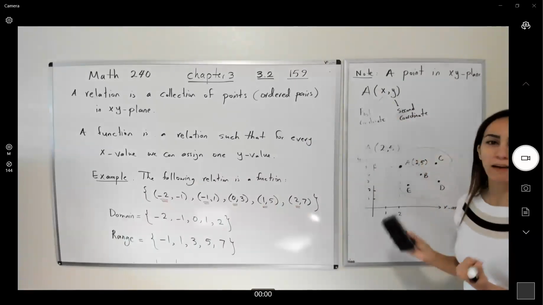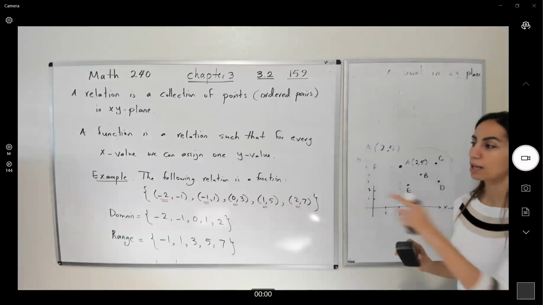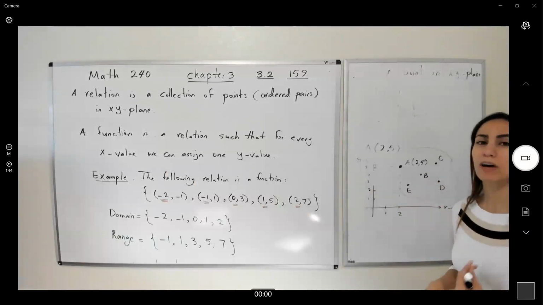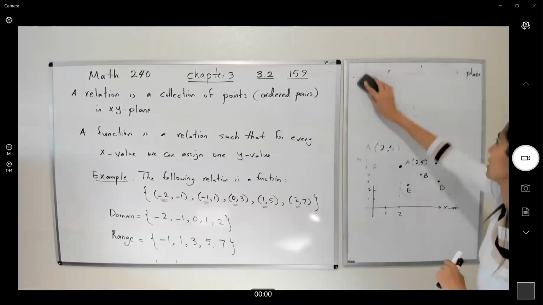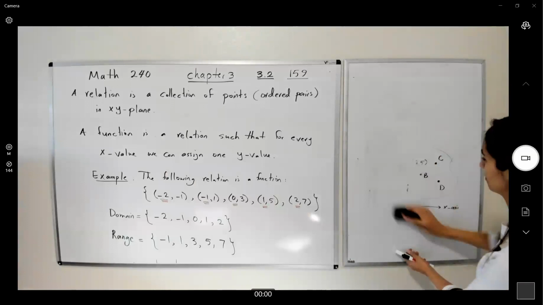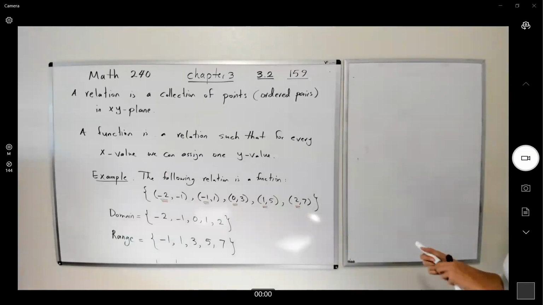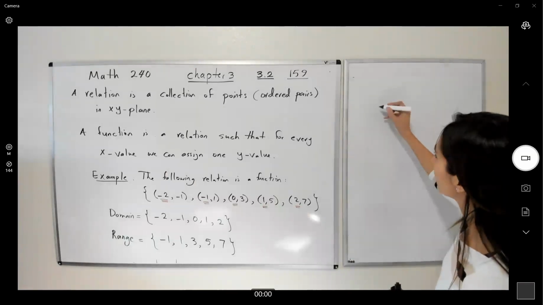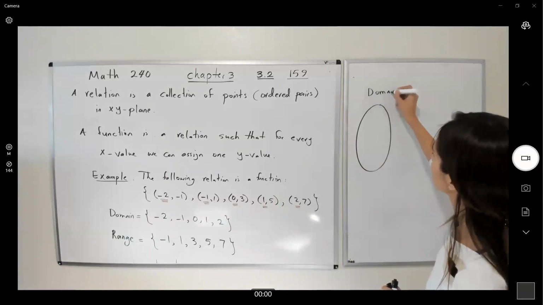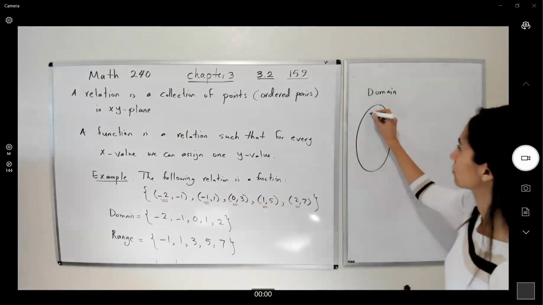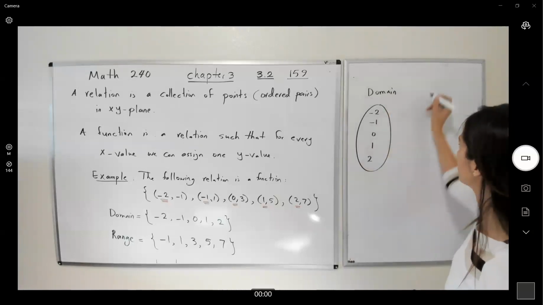Well, one way to graph this function is to use the set of elements in the domain and the set of elements in the range and use some arrows to connect them together. So for our function here, the collection of domain values can be listed here: -2, -1, 0, 1, and 2.